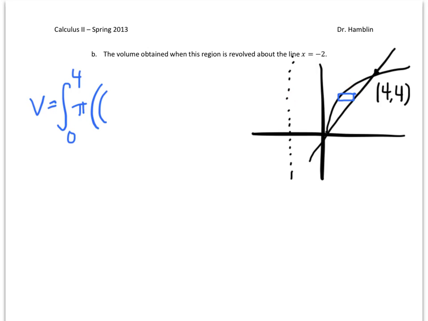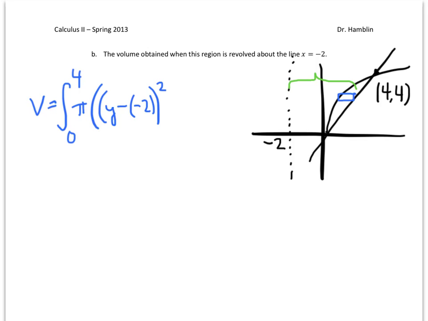So the outer radius is going to be this distance here, from the outer end of the rectangle down to x equals negative 2, which is what that vertical line is. So this right end of the rectangle, this part right here that I'm highlighting with the laser pointer, is x equals y, and so it's going to be the distance from x equals y to x equals negative 2, which is going to be y minus negative 2. That's how far apart those two numbers are.